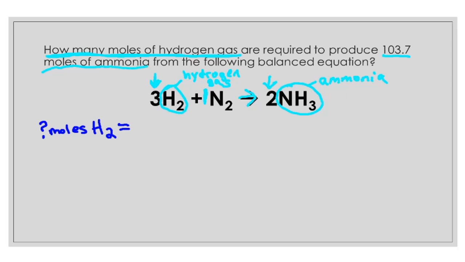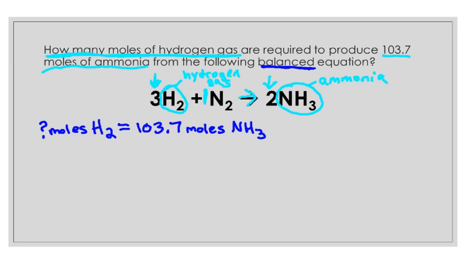So 103.7 moles of ammonia, and ammonia is NH3, from the following balanced equation. Now notice it says balanced equation, because you couldn't do this unless the equation was balanced. You'd have to balance it first if it was not a balanced equation.